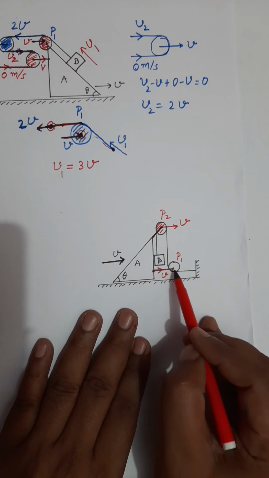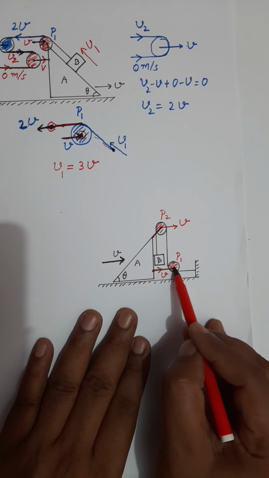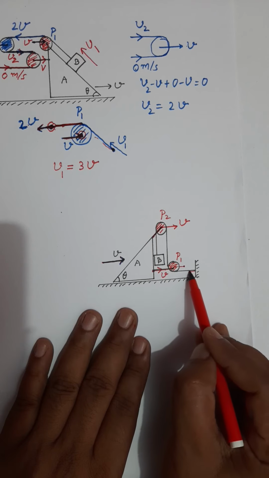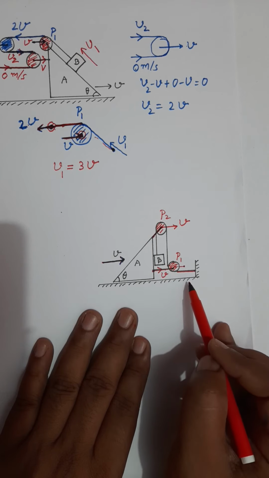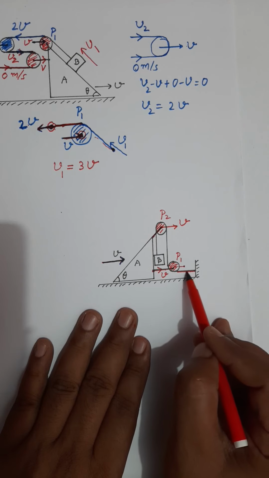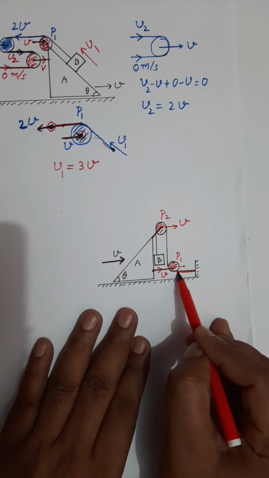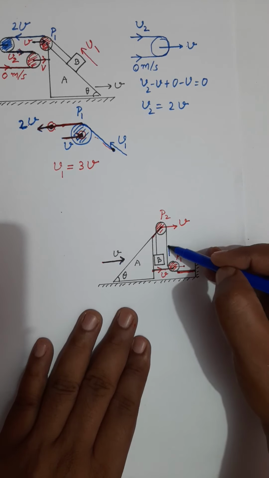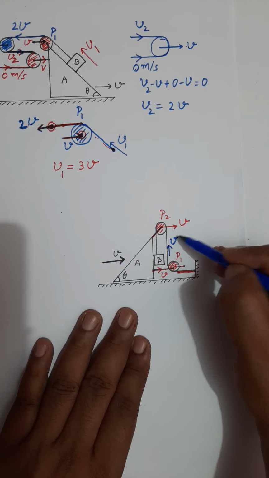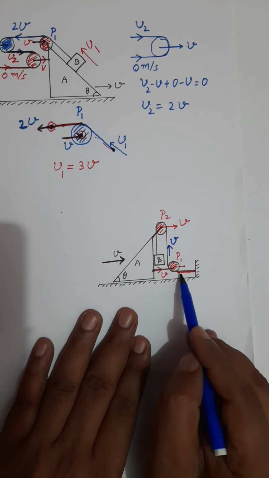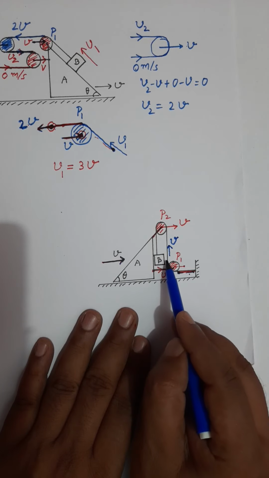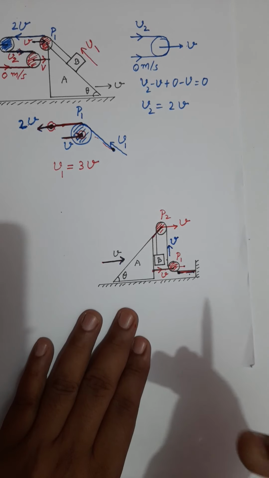Now, if this pulley P1 goes forward with velocity v, this portion of string will reduce, and this portion will reduce at a speed of v. So if this portion reduces at the speed of v, this vertical portion must increase at the same speed v, because if the length on one side of a pulley decreases, the length on the other side of the pulley must increase at the same rate.